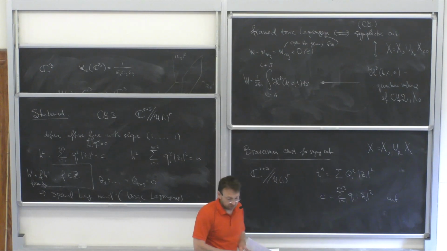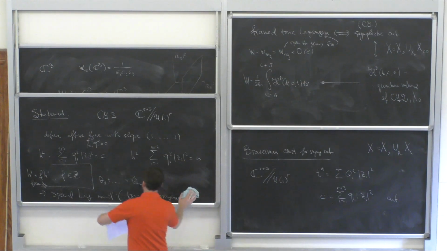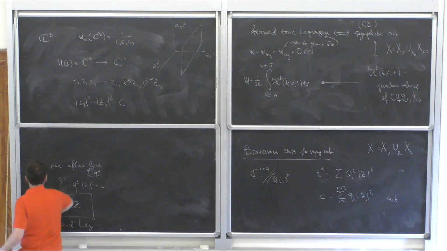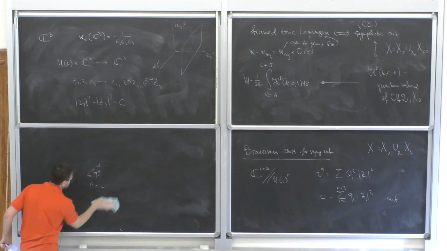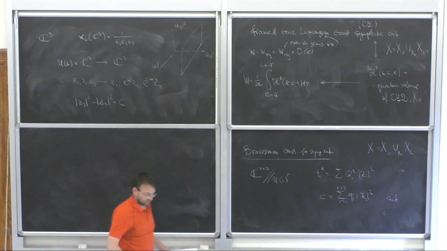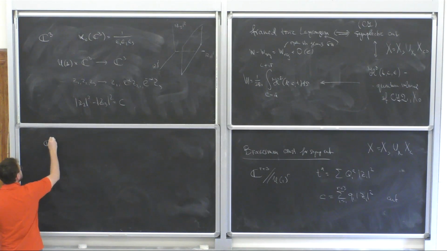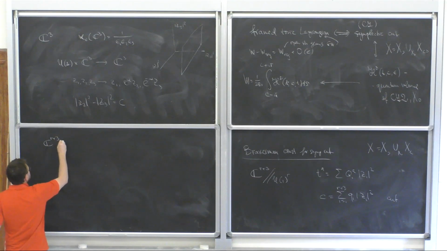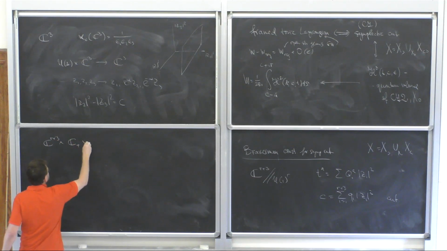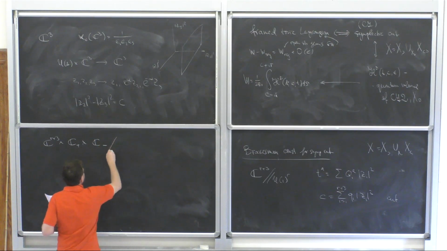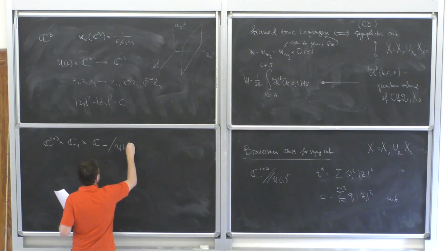Then I can encode this data in the following way. I can construct a bigger manifold by doing the following thing. I take C^(R+3) times C_plus times C_minus, and I quotient by U(1)^(R+1).